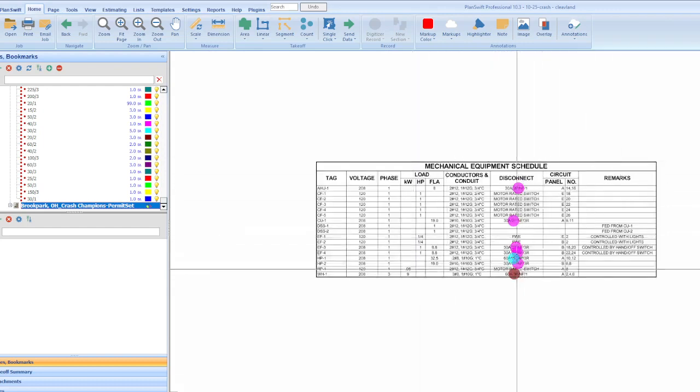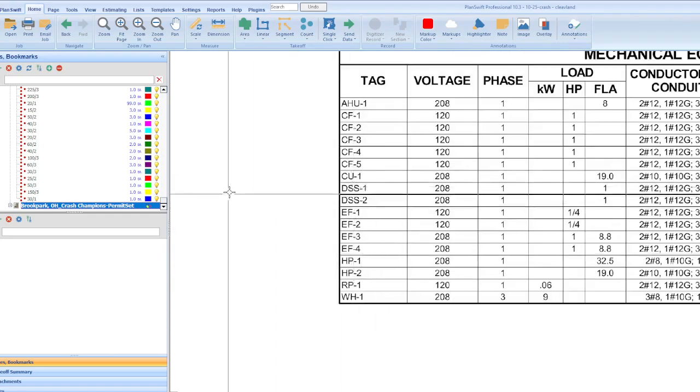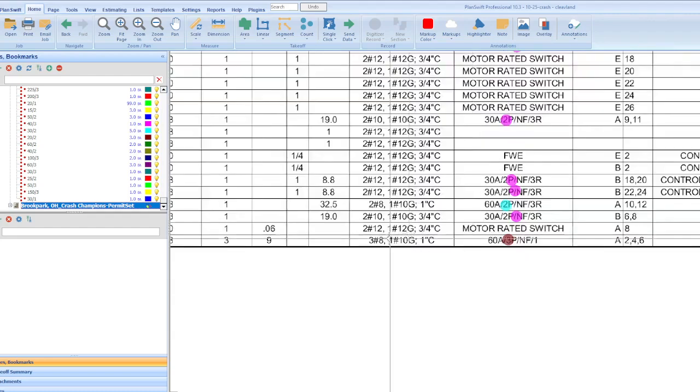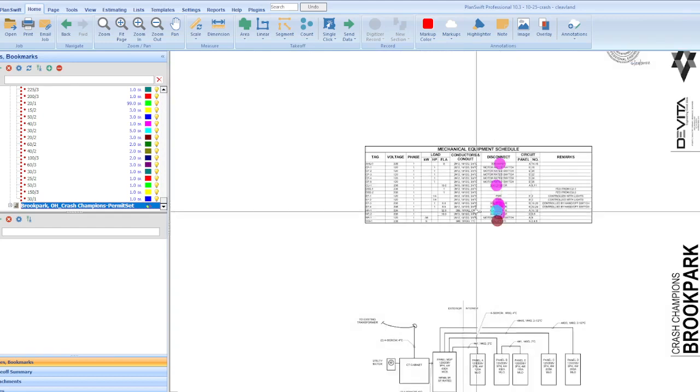That's why they give you that. Go back to the power plan, figure out where that piece of equipment is, and do your linear measure to the panel it should go to, and then say, okay, it's 3 times that distance, and then 1 times that distance for the number 10, and then a 1-inch conduit.